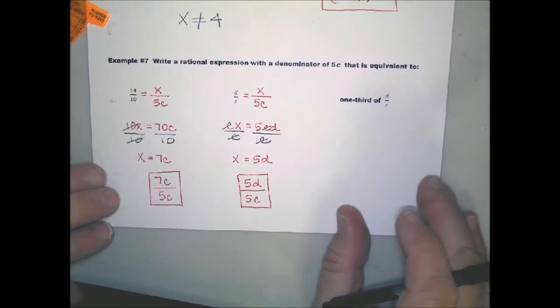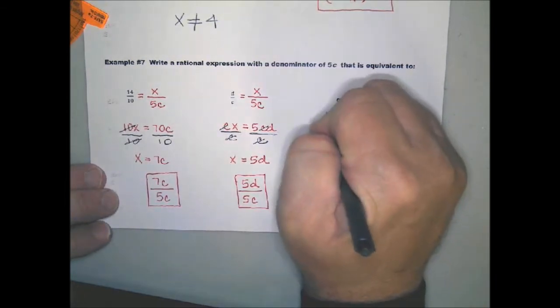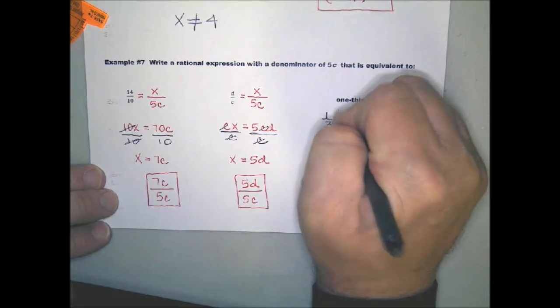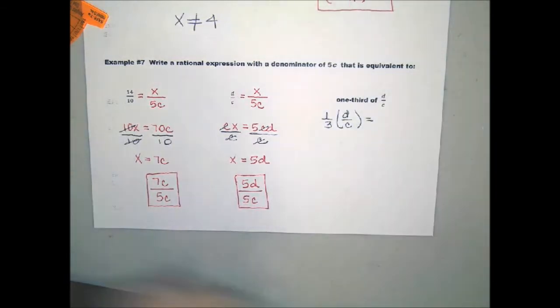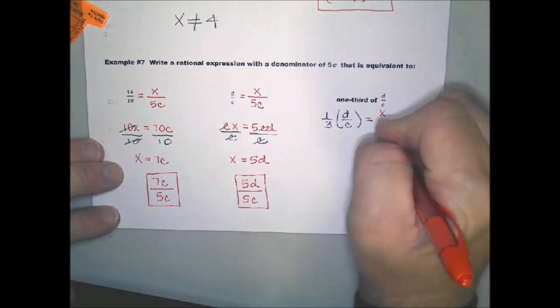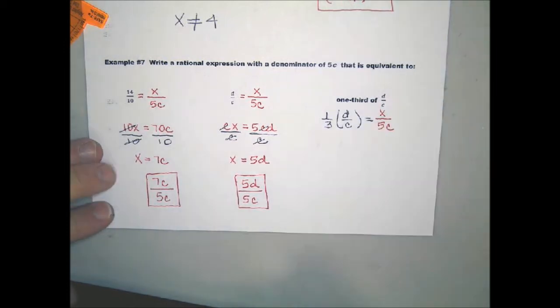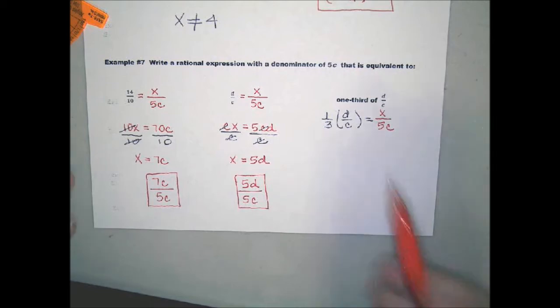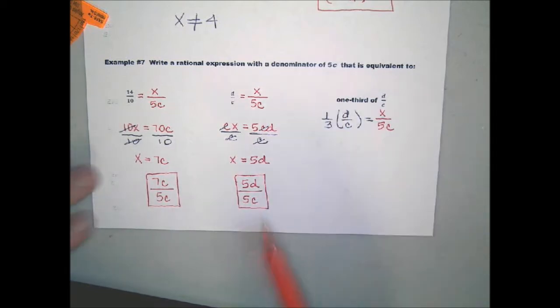Now the last one, 1/3 of d over c equals something that has to be over 5c, because remember, the whole problem was all about what the numerator has to be if the denominator must be 5c.